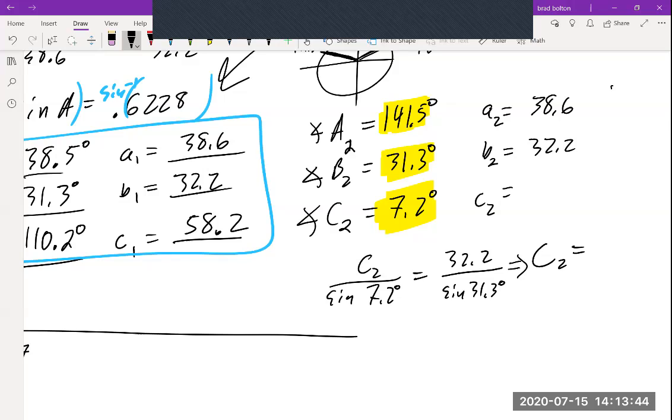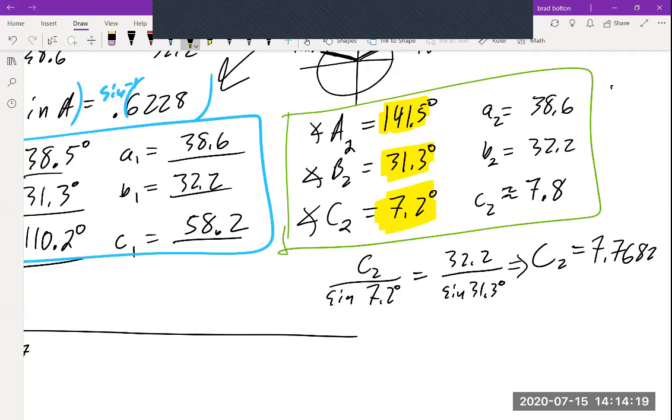So C2 equals, let me use my calculator. 32.2 divided by the sine of 31.3 degrees, and then I'm going to multiply that by the sine of 7.2 degrees. And I get 7.7682, and so on. We're going to round this off to one decimal place. C2 is equal to 7.8. So we have our second possible triangle from the restrictions given. So this has two triangles.